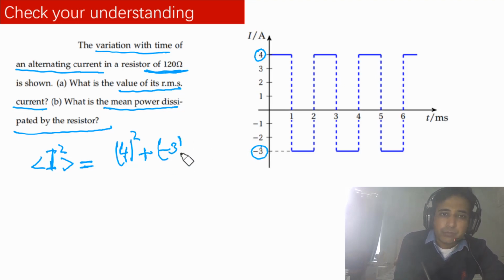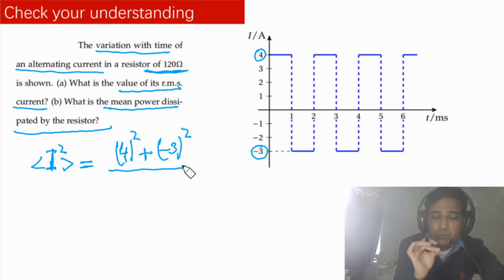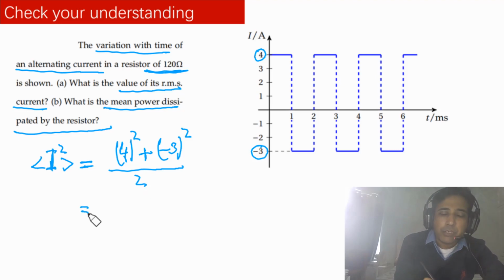We need to calculate the mean square, so we have to divide this by 2. And if we solve this one, we will get 12.5 amps squared. So how can we calculate IRMS?